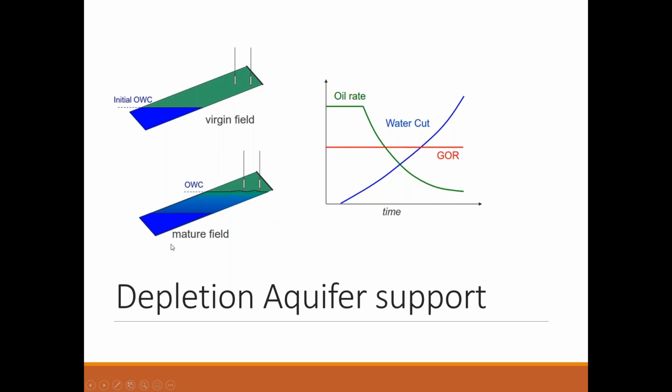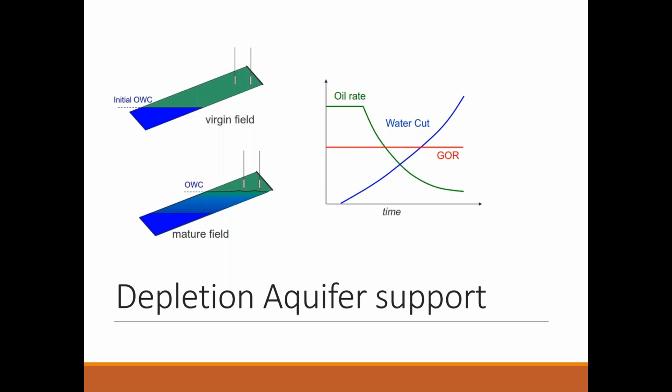This is because there are two drive mechanisms acting on it. The first is a gravity drive mechanism because it's a dipping reservoir, and the second is natural water influx, by virtue of which water is encroaching towards the perforations of the bottommost producer wells.